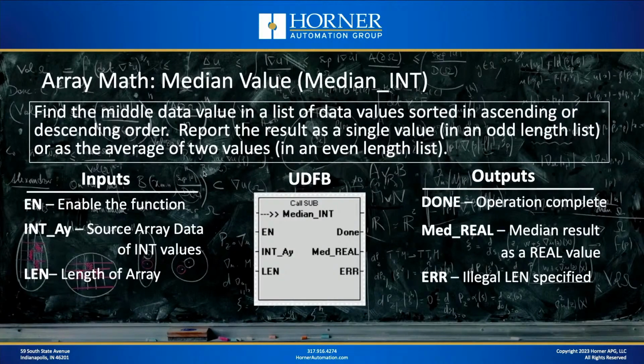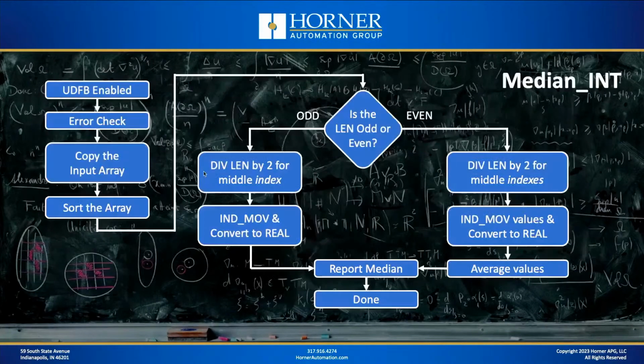If you have an even length array, then the two in the middle need to be averaged to come up with a median, and you're potentially not going to end up with an integer-based result. So that's why we've got a real result in terms of the format of the median for the output of this function block.